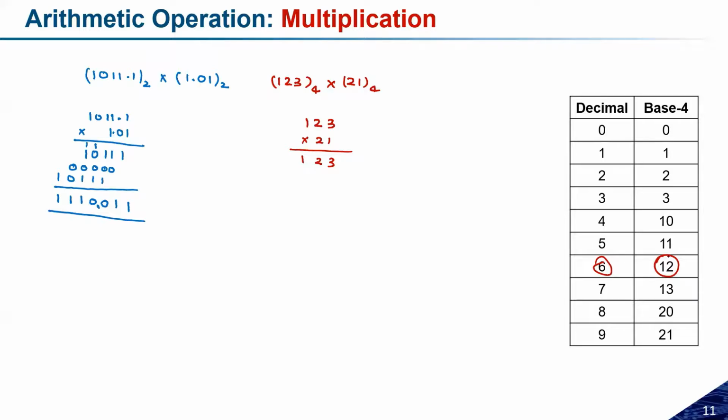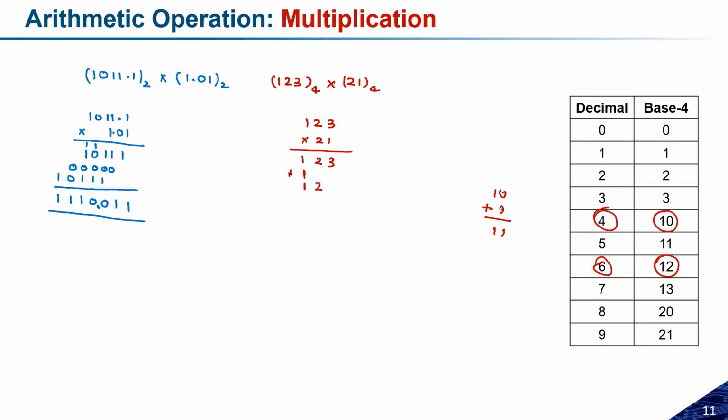So we write 2 at this point, and 1 carry is forwarded to the next position. Again, 2 into 2 is 4, and 4 is nothing but 1 0 in base 4. I have one carry forwarded here, so 1 0 plus 1 becomes 1 1. So I write 1 here, and 1 is carried forward to the next bit.